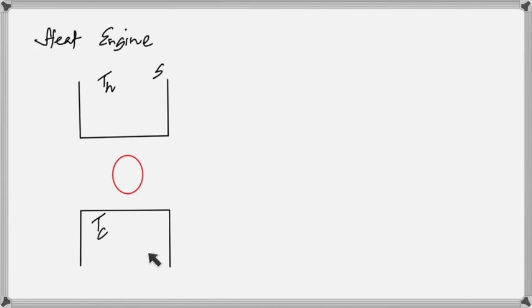And then there is a colder object at temperature TC, C for cold, to which any amount of heat can be rejected. Any amount of heat can be thrown out. That's why it's called the sink, to throw the waste. So you have the source from where you can get any amount of heat, and you have the sink to which you can throw the remaining heat.